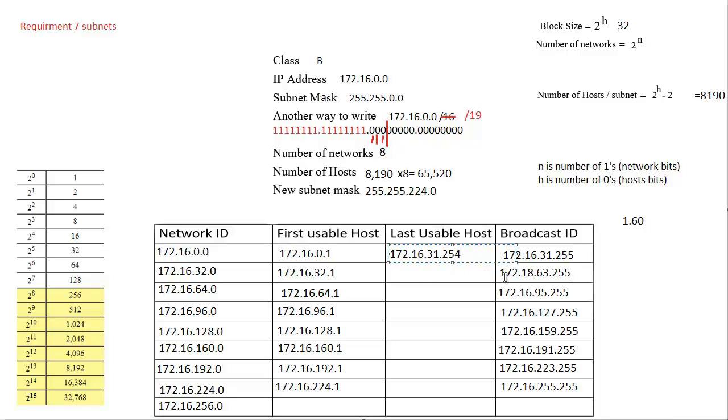Just before the broadcast ID. So 254 again. And the last usable host for this network is just before the broadcast ID. So that will be 254 again. And the rest of them will be counted the same way. And now I take this away. I don't need this one.